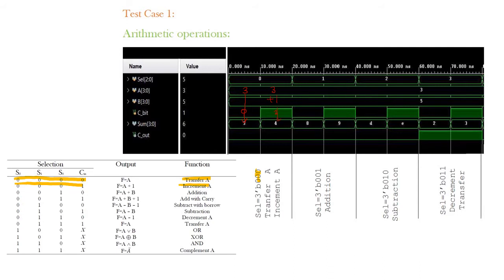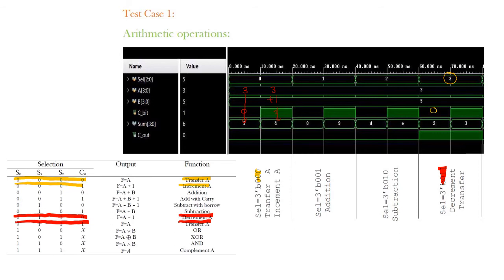Similarly, if our selection is 0 1 1, from the function table we can see it is decrement of A or transfer of A based on the C bit.